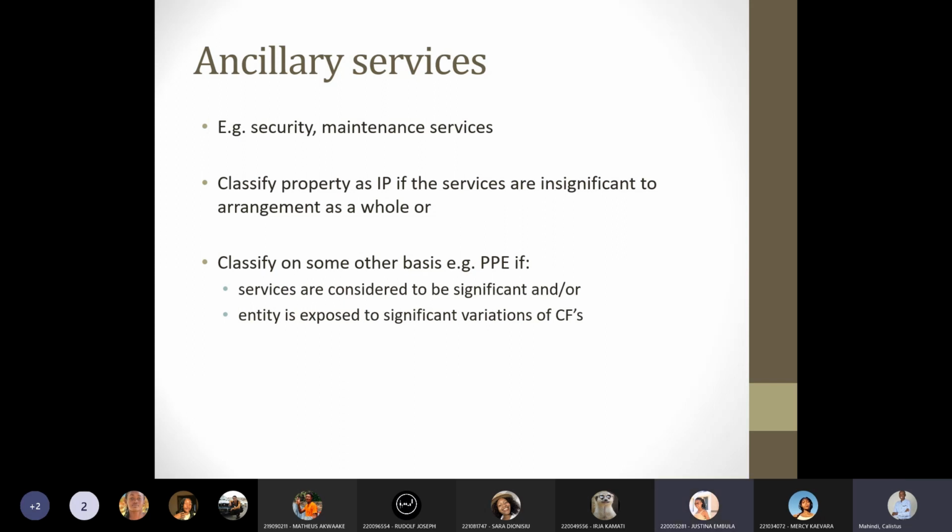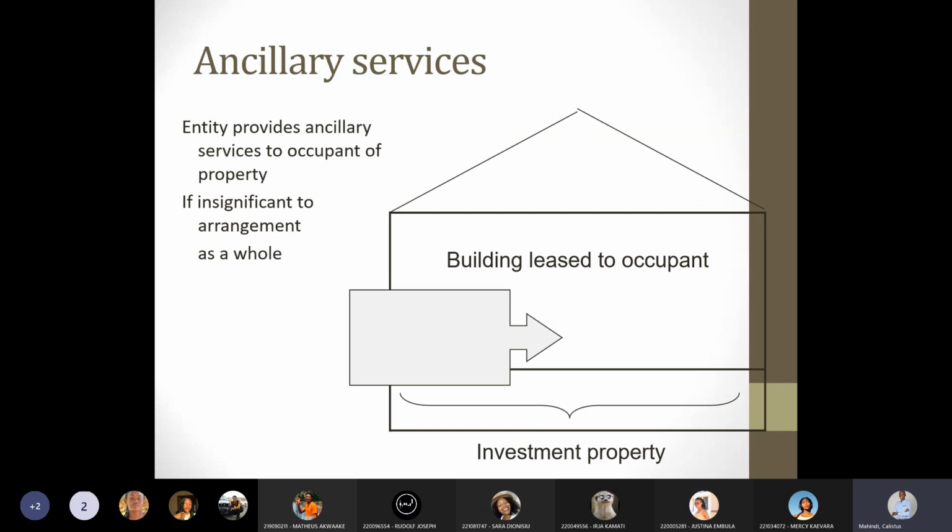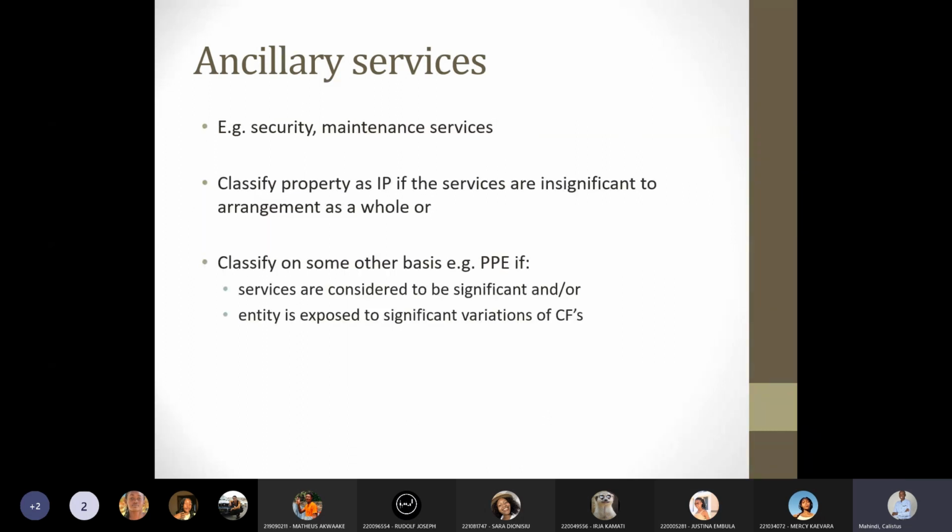Then you have to choose on what basis you will classify that property. You might have to classify it in terms of IAS 16 property, plant and equipment if those services are considered to be significant, or if the entity is exposed to significant variations of cash flows due to the services.